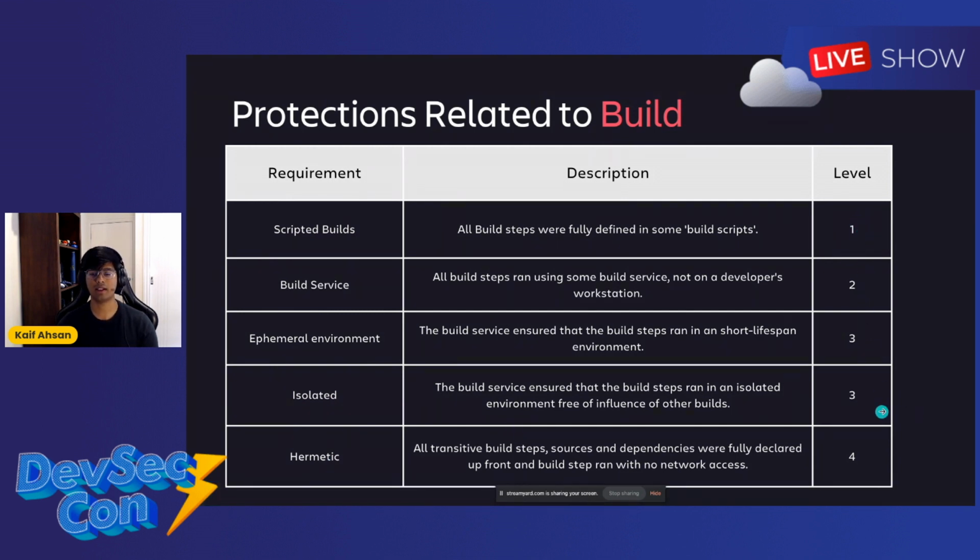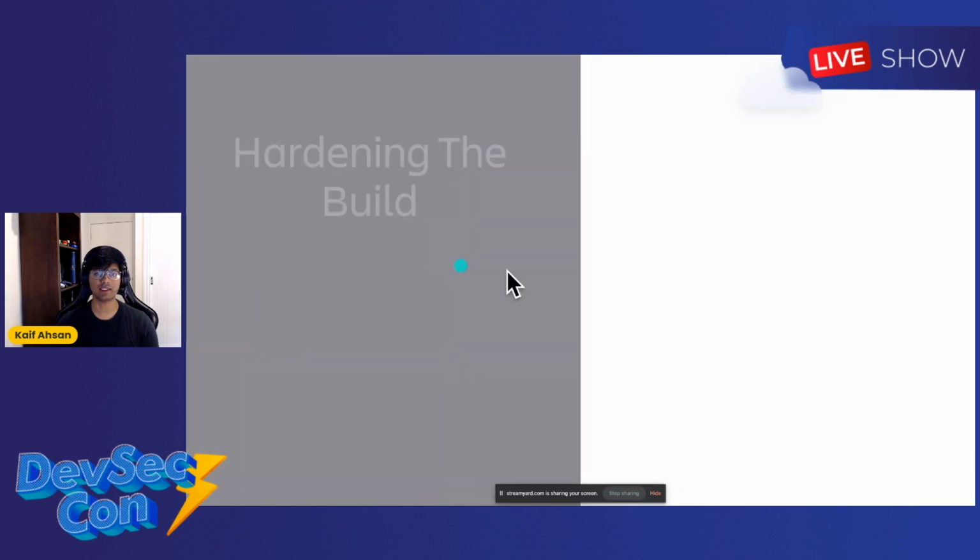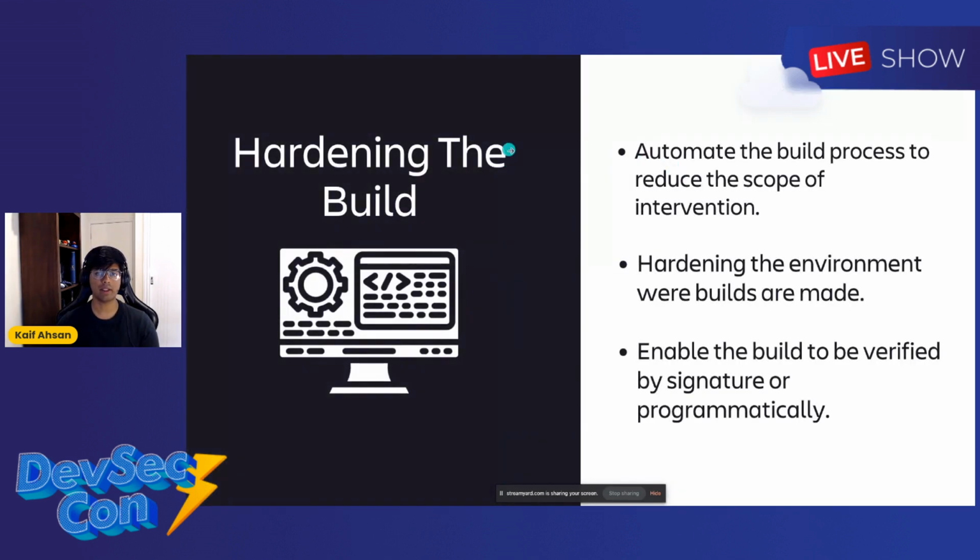As you climb up the levels, your environment becomes harder and stronger. If we again distill those things regarding the build, SLSA is providing us these three key steps. The first one is automating the build process, so there is less scope of intervention, and someone cannot manually intervene and put in something malicious and tamper with it.